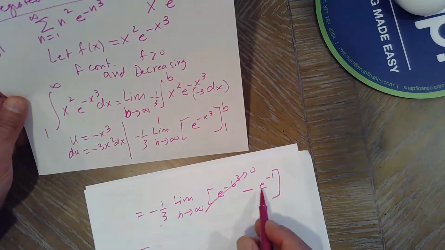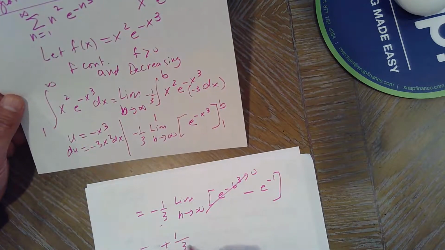So negative 1/3 times negative 1 over e is positive 1 over 3e.